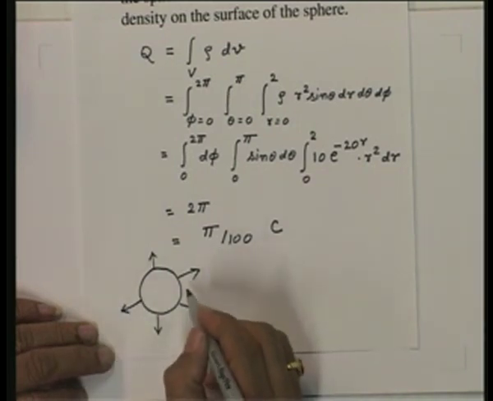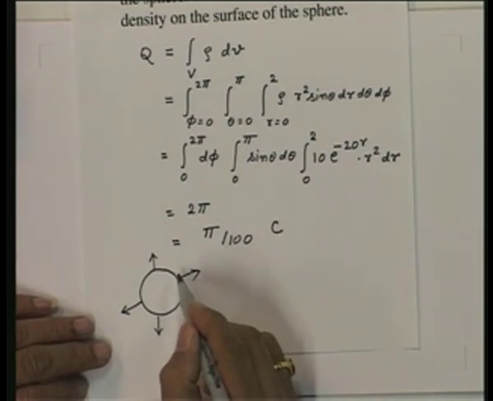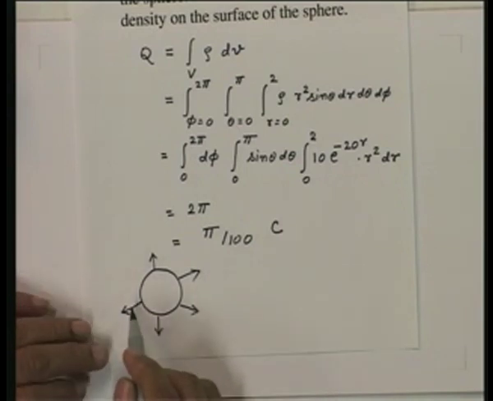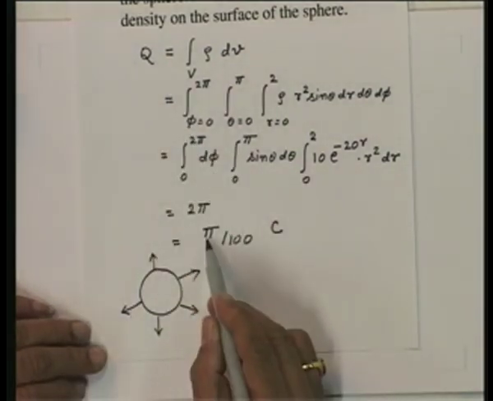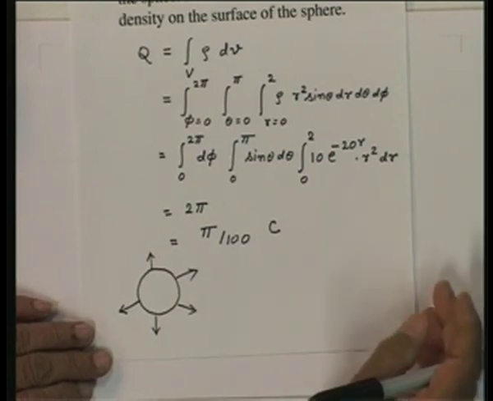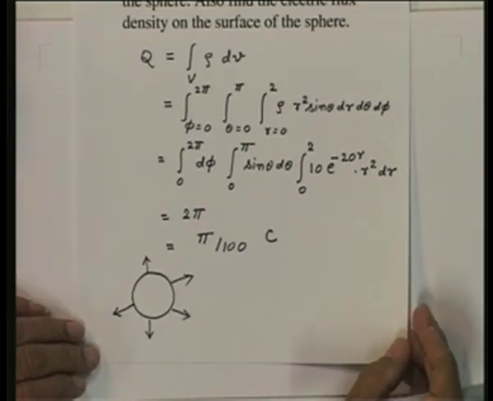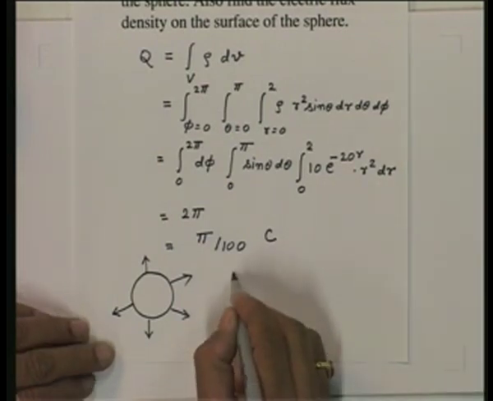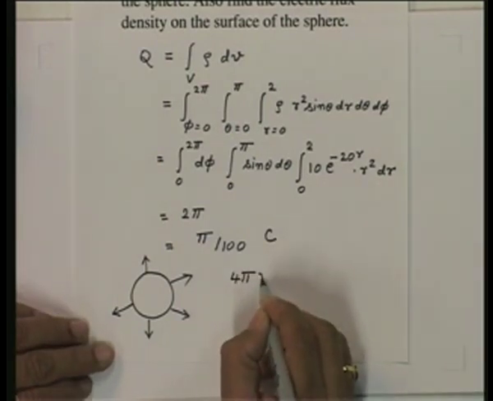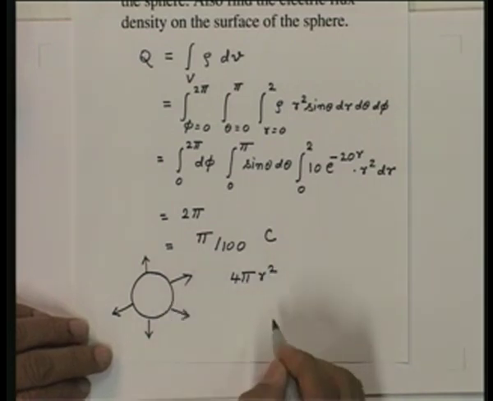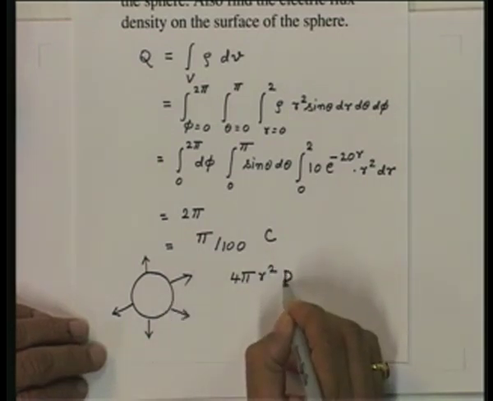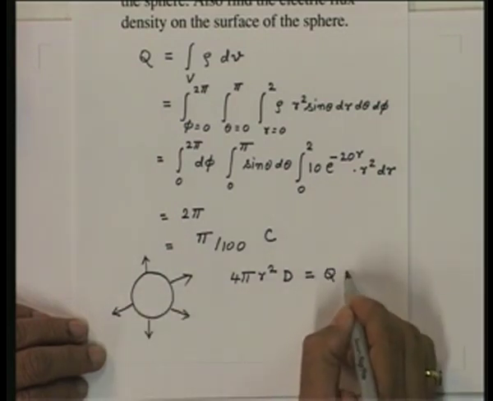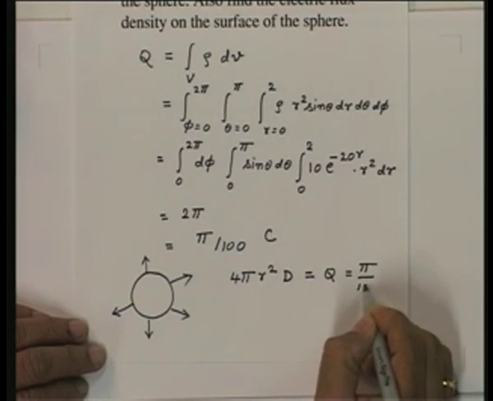So, now we can find out the electric displacement on the surface of the sphere, which is nothing but the total charge enclosed, which is this charge q, which is pi upon 100. So, if you want to find out what is the electric flux density on the surface of the sphere, essentially we have 4 pi r square, where r is the radius of the sphere, multiplied by the density is equal to the total charge enclosed, which is q, which is equal to pi upon 100.